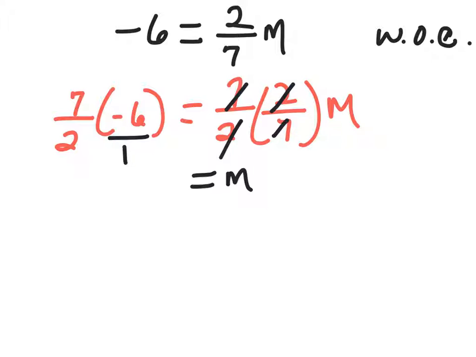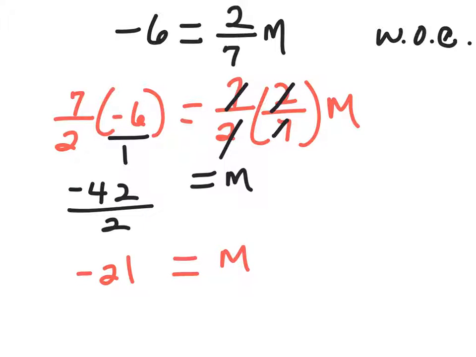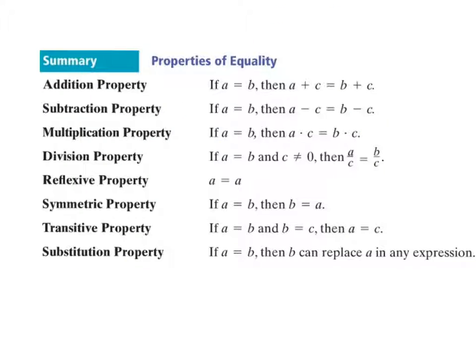We can multiply this out and we will end up with 42 over 2, and 42 divided by 2 is going to be negative 21 equals m. Then you can replace this m up here with negative 21, put that over 1 and multiply, and you should work out to be the same thing. Negative 6 should equal negative 6.